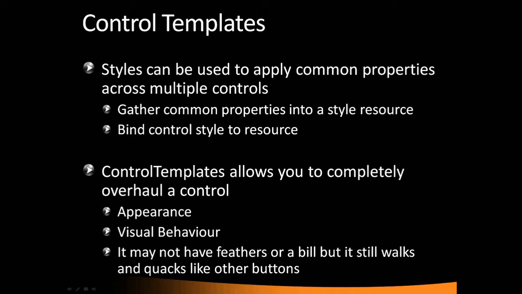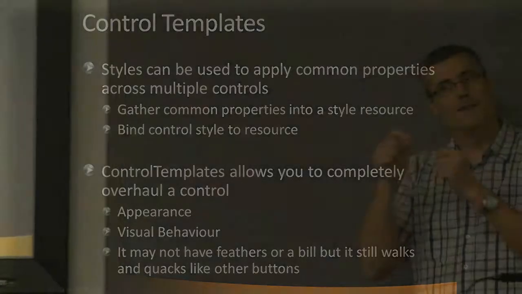So you gather your common properties into this style and then bind the style of the control to that style resource. But where we're headed here, and as I say, there's a lot of flexibility, and it does get incredibly confusing, the number of options you have around changing the behavior and the look and feel of controls. Where we're heading is this thing called control templates.